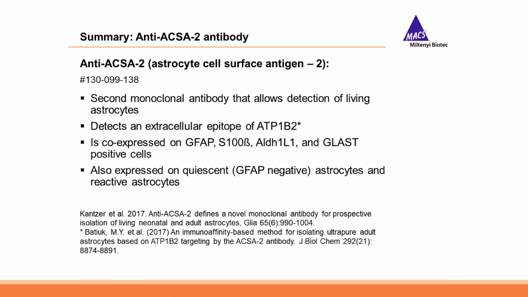So it's also widely expressed on astrocytes. And we could also show that this marker is expressed on quiescent GFAP negative astrocytes and reactive astrocytes. So the anti-AXA2 antibody can be used as an antibody to label, in principle, all astrocytes in the brain.